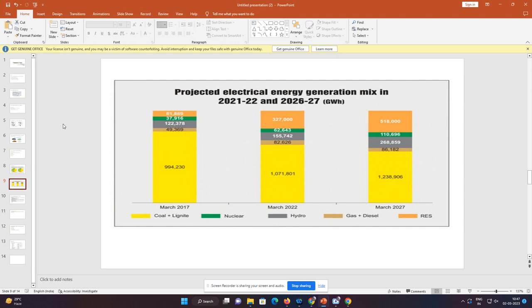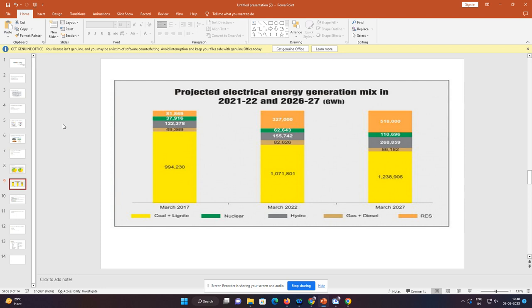This shows that even though the share of installed renewable capacity will be highest in 2027, most of the energy generation will still come from fossil based sources only.